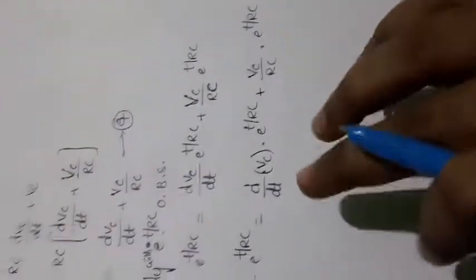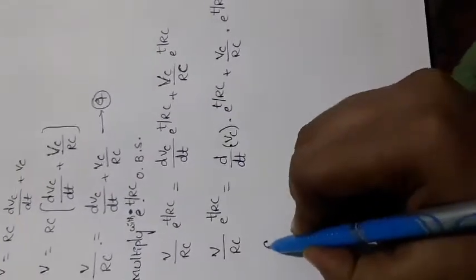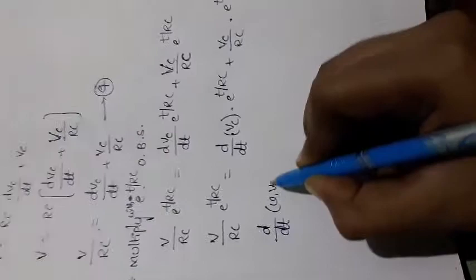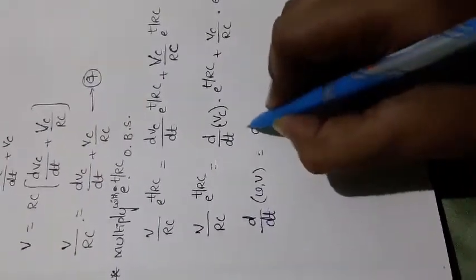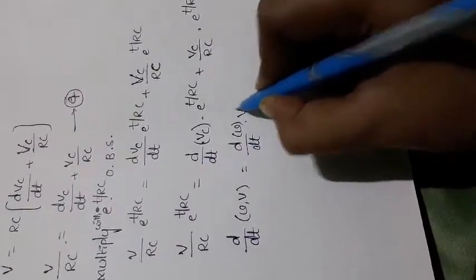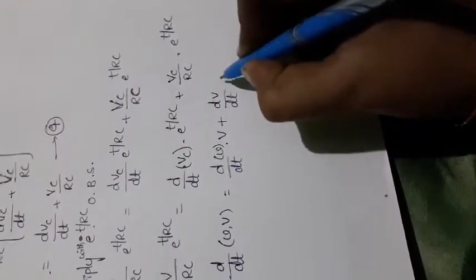Before simplifying this, I will explain one formula, that is the differentiation of uv formula: d by dt of uv is the differentiation of u into v plus the differentiation of v into u.